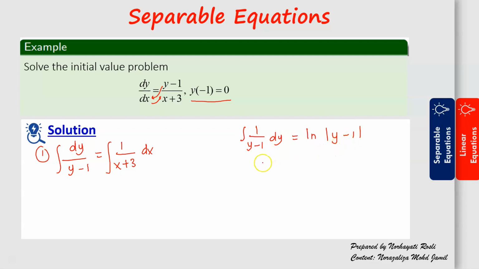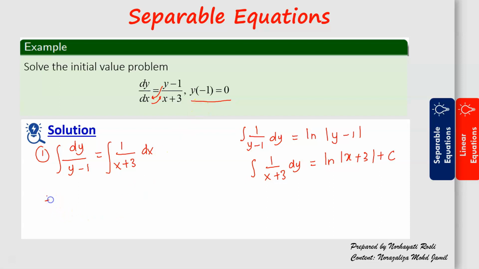Then integrating 1 over (x plus 3) dx, we get ln of (x plus 3). In this case, you have to put here c, because at first it is in terms of the general solution, but later you can substitute the initial value to get the particular solution.